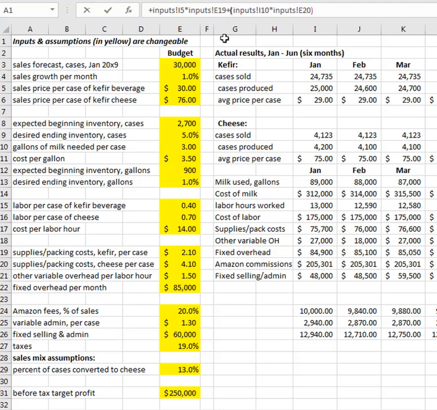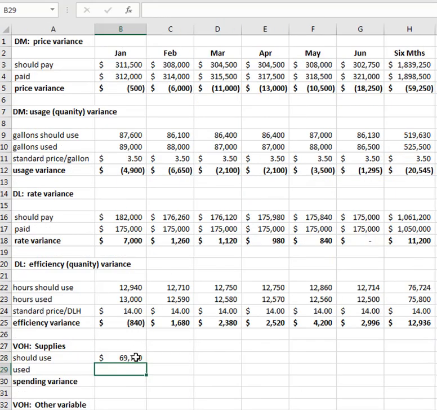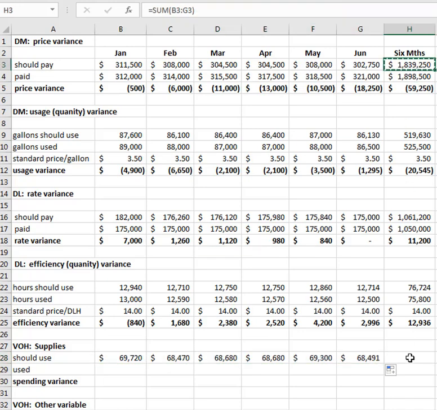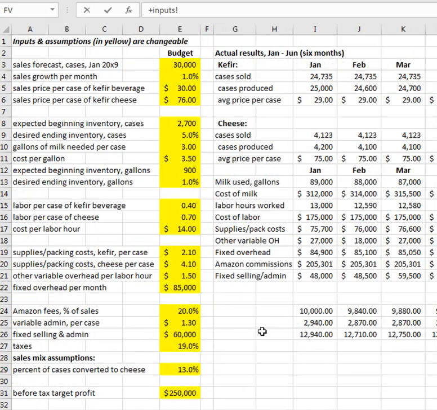Okay, I guess we better get it in the right direction. There we go. Okay, and then we will anchor the standard quantity. And what did they use, which they gave you.